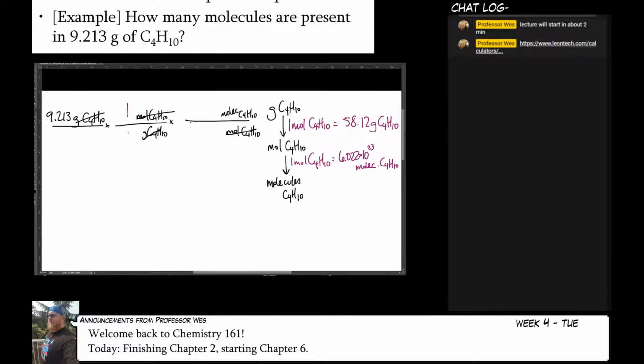So in 1 mole there are 58.12 grams. And in 1 mole there are Avogadro's number, molecules, and so I just punch it all in the calculator again. I got 9.546 times 10 to the 22.